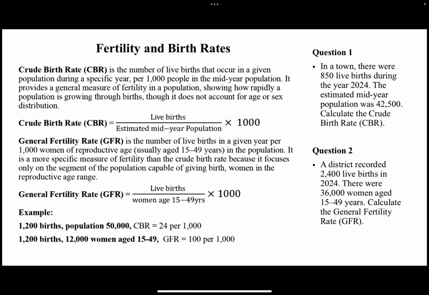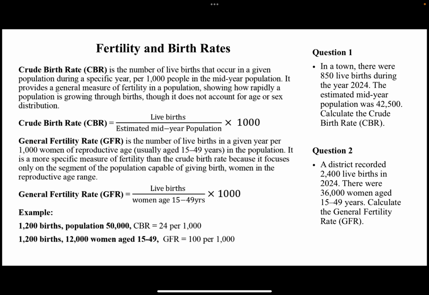Live births over the estimated mid-year population, multiplied by 1,000. What is the live birth? 1,200. What is the estimated mid-year population? 50,000. Then you multiply by 1,000. You are going to get 24. So the crude birth rate is 24 per 1,000 per year.